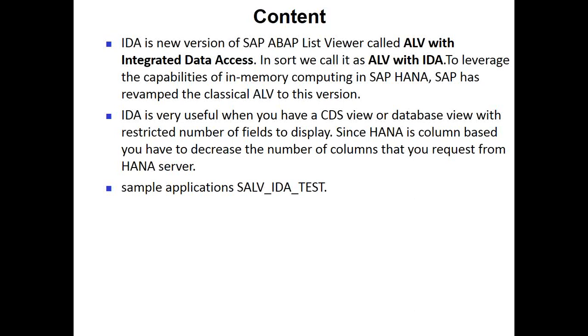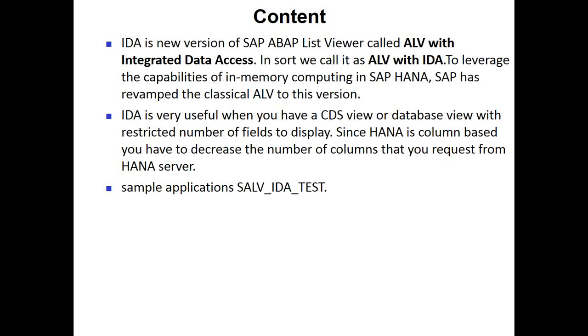Right? Here we are doing everything in the select query itself. No, there is no select query here. It is a view, on the database. Whatever fields you are selecting in the database, only those fields will be transferred to the presentation server.